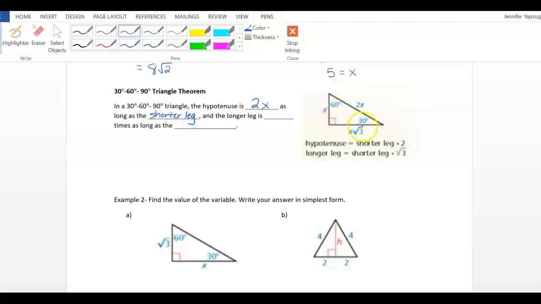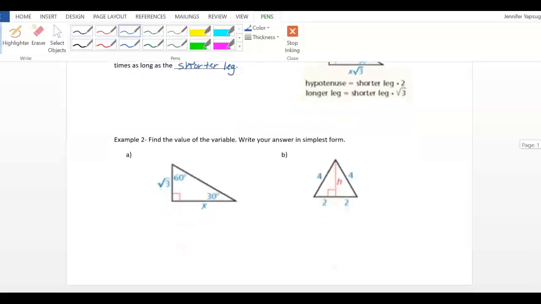This is the hypotenuse. And the longer leg is the square root of 3 times as long as the shorter leg. We can use this shortcut down here to help us. So we have another set of examples to use when looking at this type of triangle.